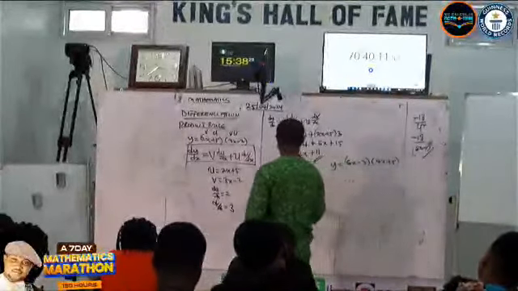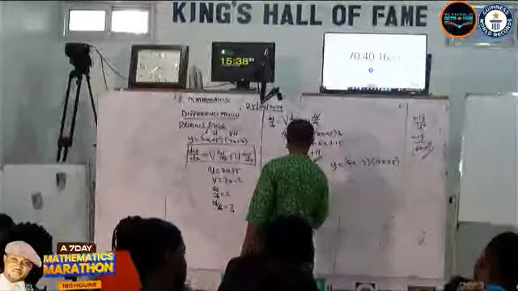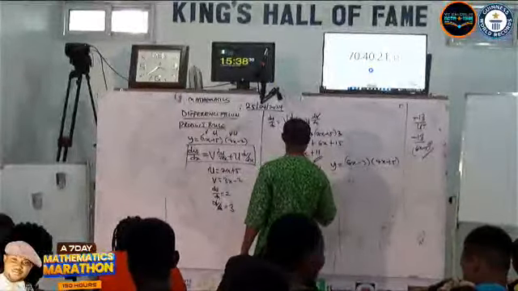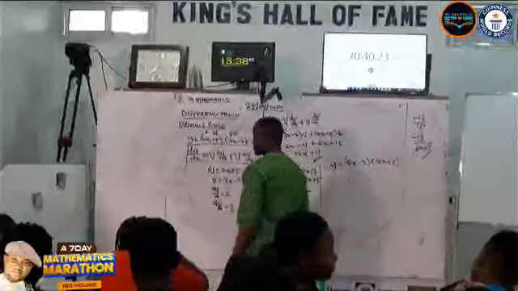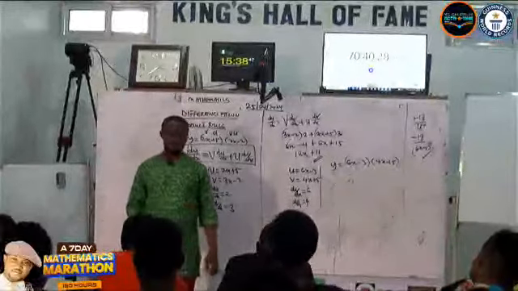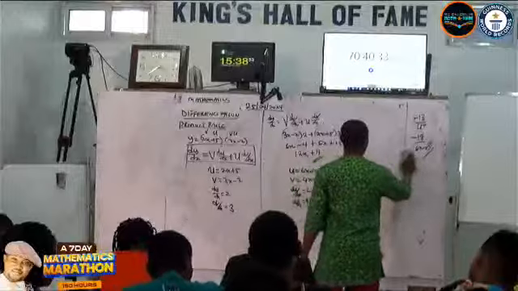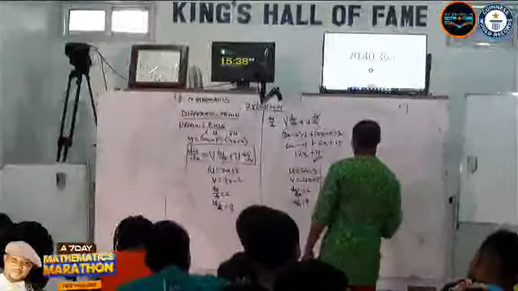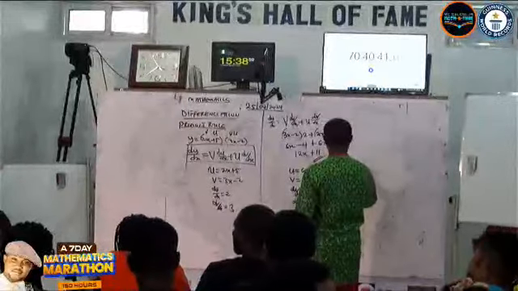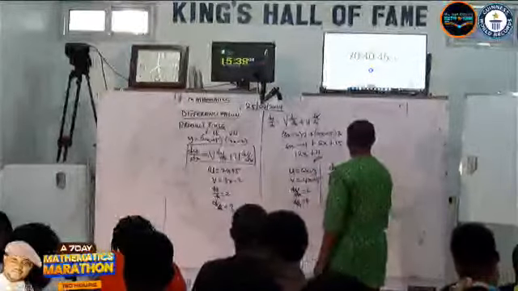So dy over dx will be, applying the product rule, right? Product rule: dy over dx equals V du over dx plus U dv over dx. Is that true?